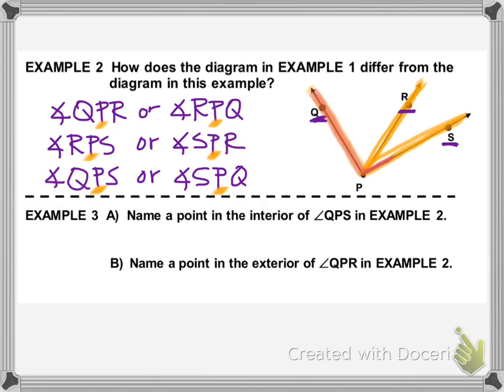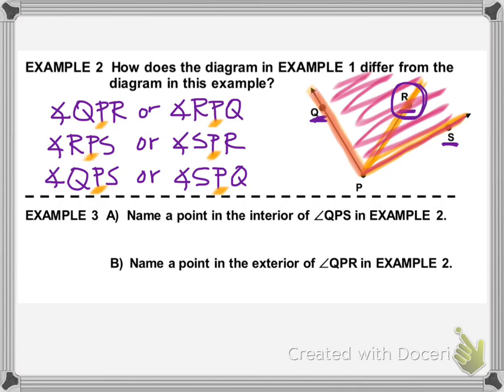Here's angle QPS. Remember, the interior is all of this area. So the point that's in that area is this point R right here. Point R. Okay? Now it says name a point in the exterior of angle QPR.